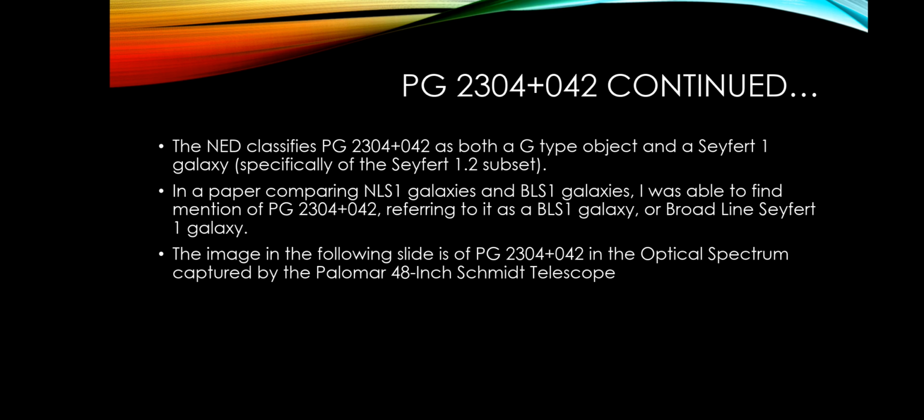I found that to be interesting because we haven't done much with any broad-line Seyfert-1 galaxies. Most of our homeworks, exams, and PowerPoints have mostly talked about narrow-line Seyfert-1 galaxies.